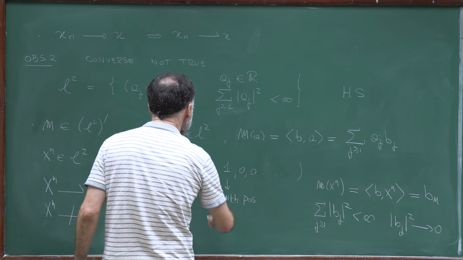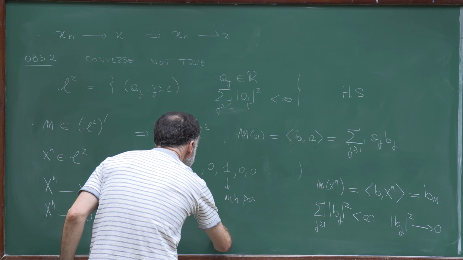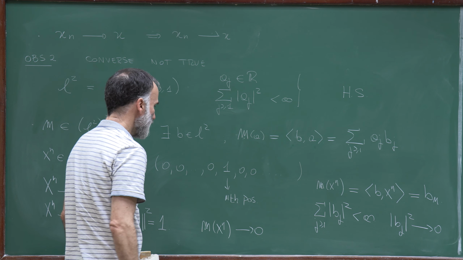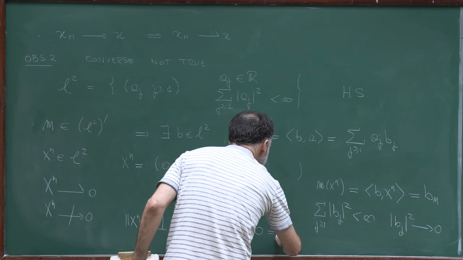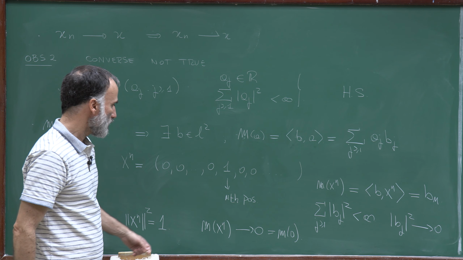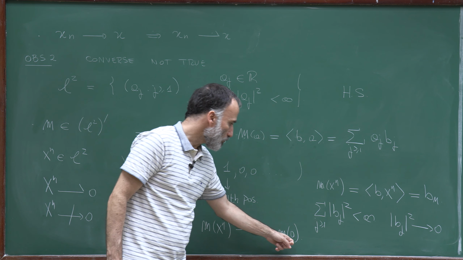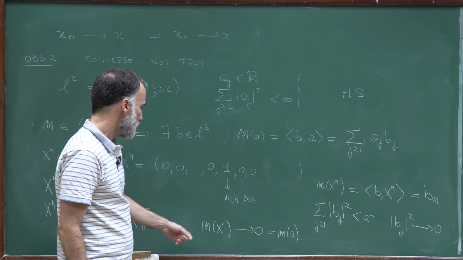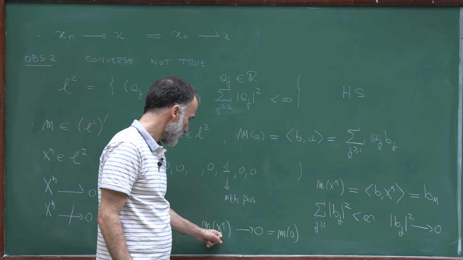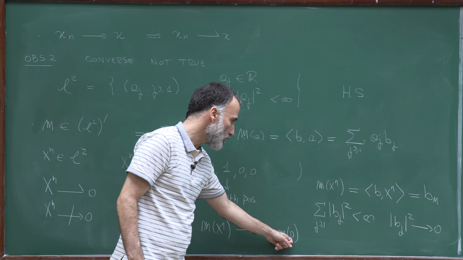So we just proved that M of xn converge to 0, and this is equal to M of 0. And this proves that xn converge to 0 weakly, because for any bounded linear functional M, M of xn converge to M of 0.